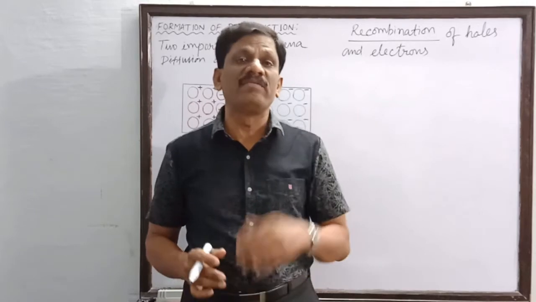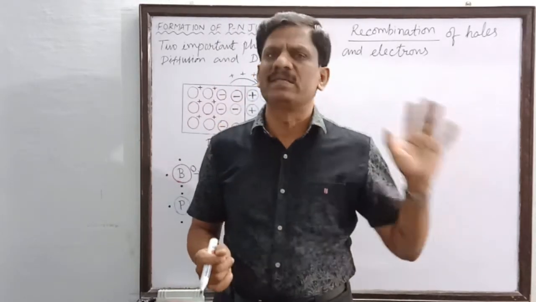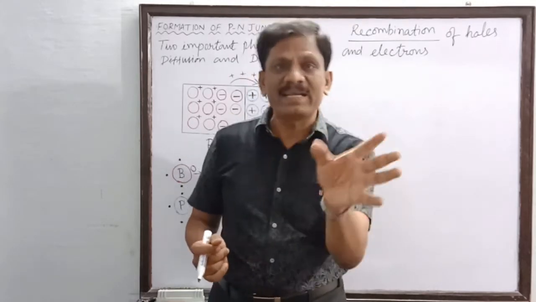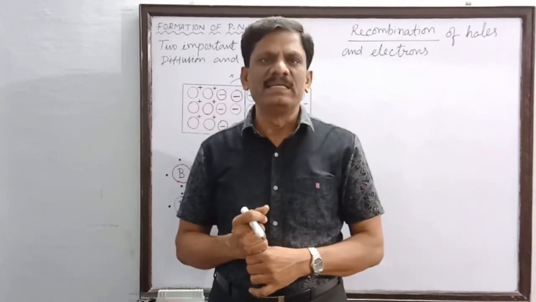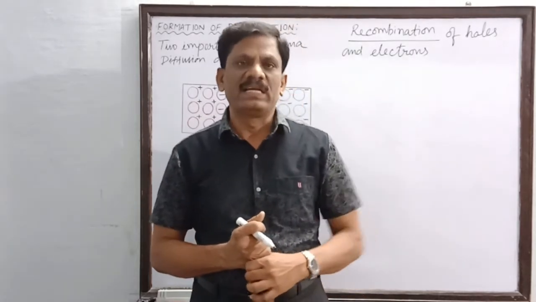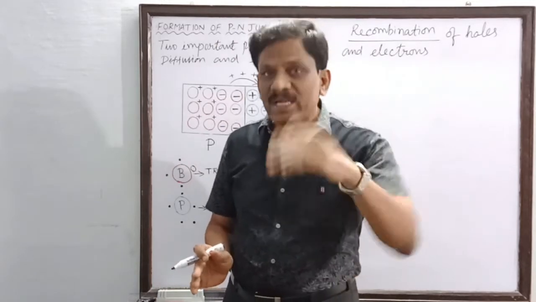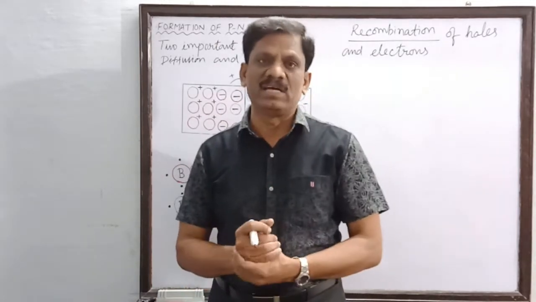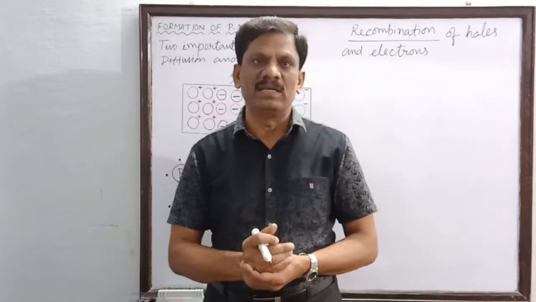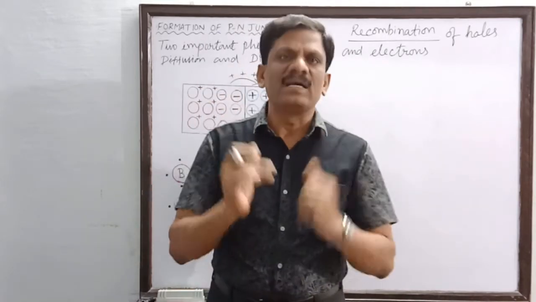Electrons and holes are called free charge carriers. Though a hole is not a particle, it has a direction of motion, which is opposite to the direction of motion of the free electrons. So it can be considered equivalent to a positively charged particle, though it is not a material particle. Okay, students? But what about the ions? Ions are very heavy.